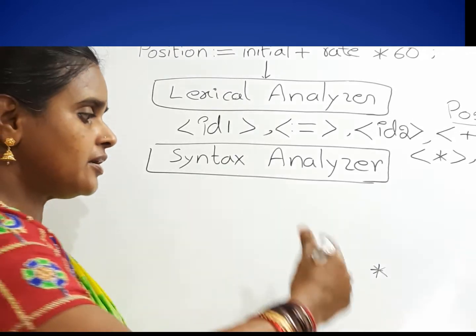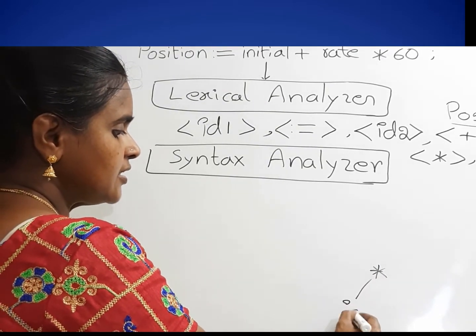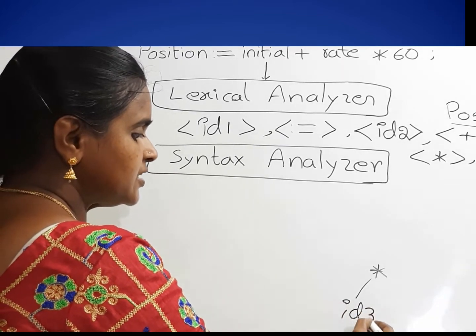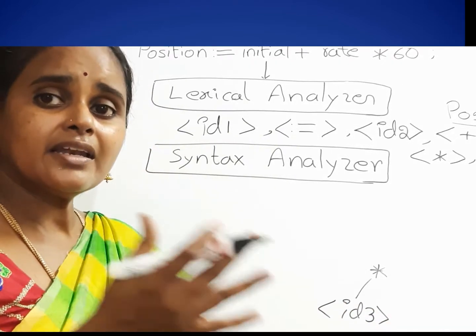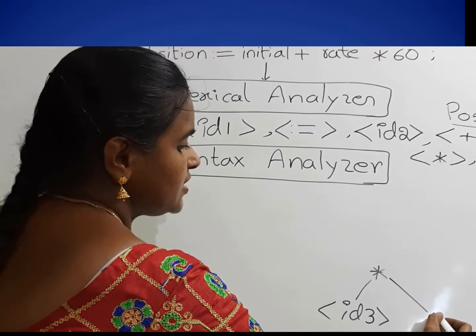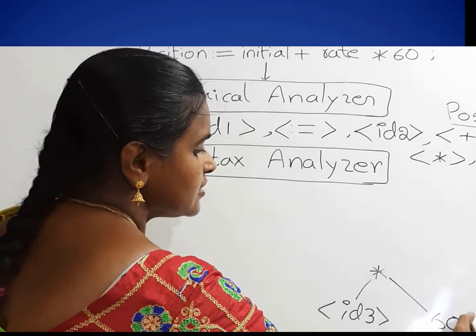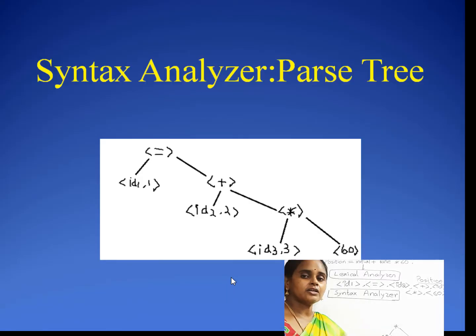The lexical analyzer has represented rate as ID3. ID3 is the left node for this multiplication operator, and the right node is 60 as a constant value, right? So first it performs the multiplication operation and the resultant is summed up with ID2.